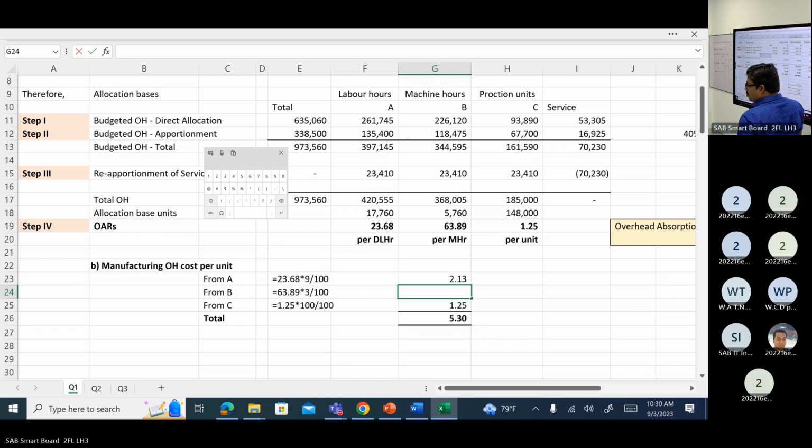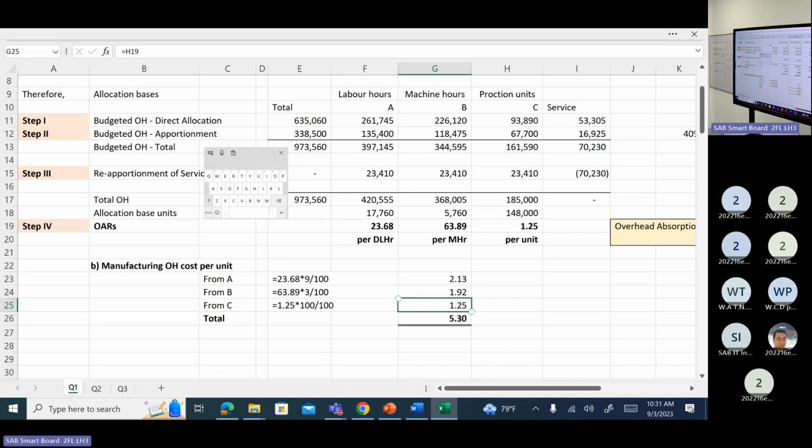Decimal 1.92. The third one, 100 units, so per unit 1.25. Right? So the total cost per unit is 5 rupees and 30 cents.